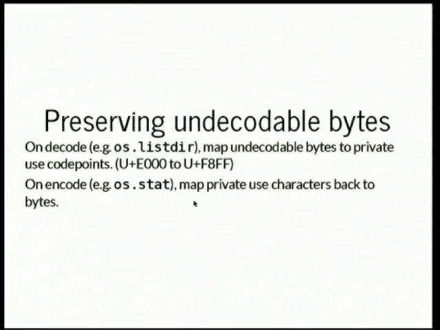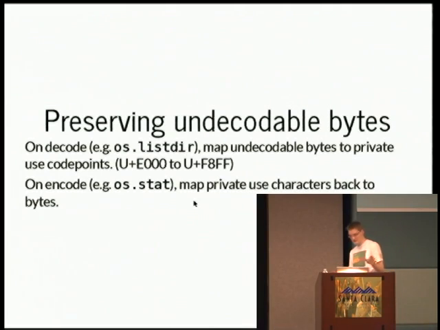And so you're able to map the bytes into Unicode, and you get a nice Unicode string. And of course, it has these private use characters in them, so it doesn't really mean very much. But when you pass it back to another file system call, as you often do when you've gotten a file name, then it's able to encode it and map those private use characters into the actual bytes.